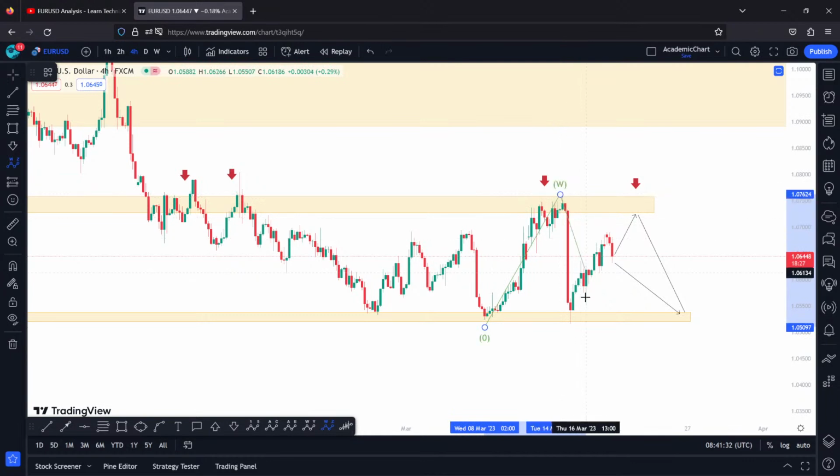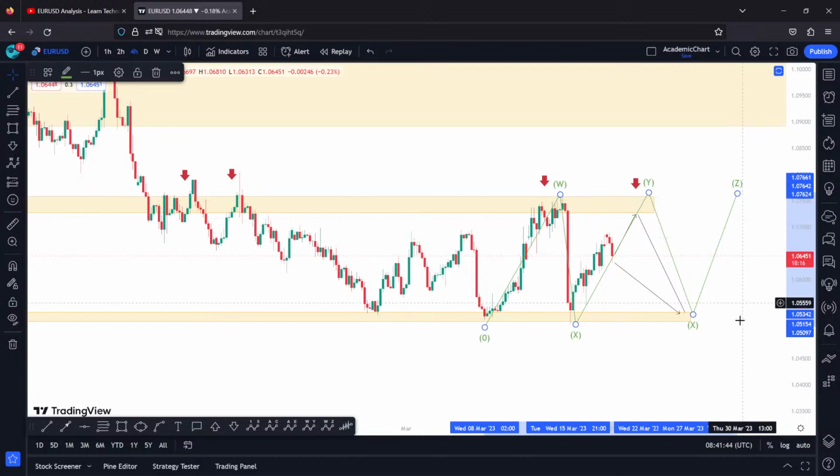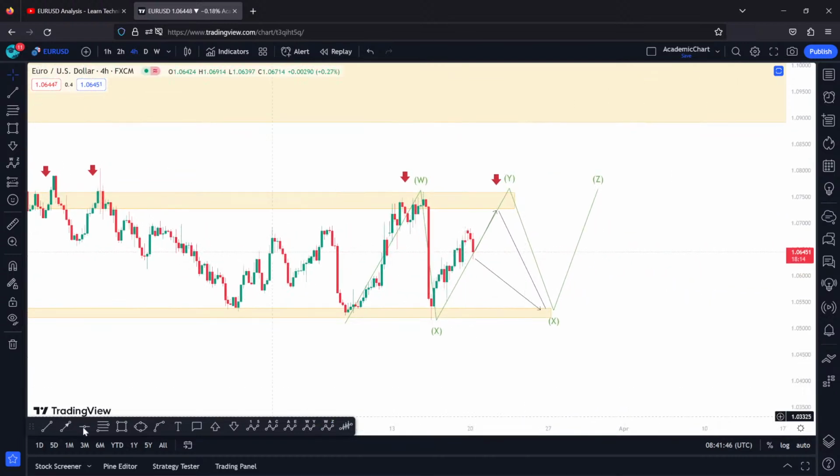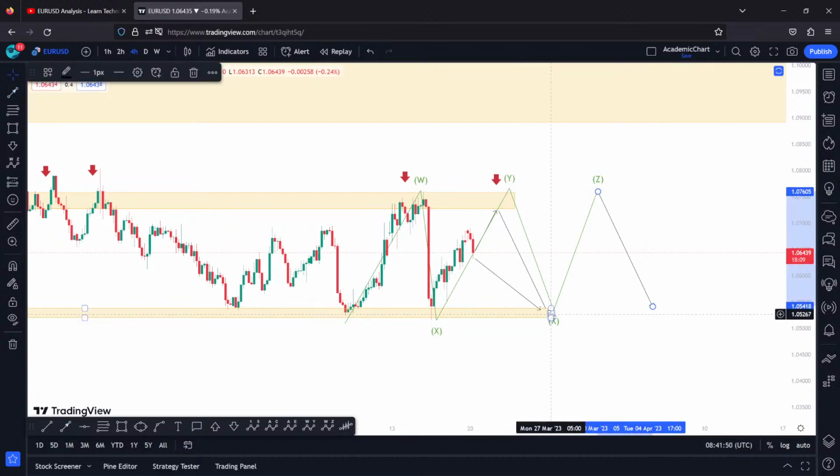So the first one, the X, the second one another link as the second X. Sometimes we see the double X, and the Z. Then after that, we still have the expectation of reversing back to this level anyhow.